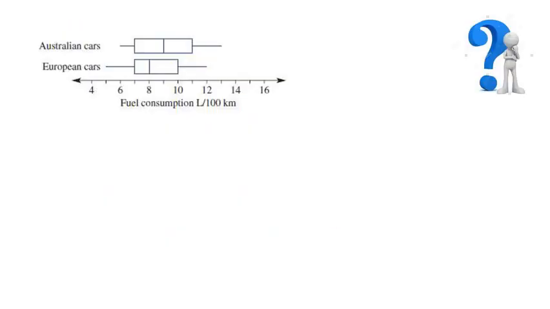I'll just whiz through some more scenarios without actually writing it out. So if I'm looking at the fuel consumption between Australian and European cars, looking at the median, the Australian cars have a higher fuel consumption. Same with their maximum, it's higher. So I would say Australian cars are consuming more fuel than European cars.